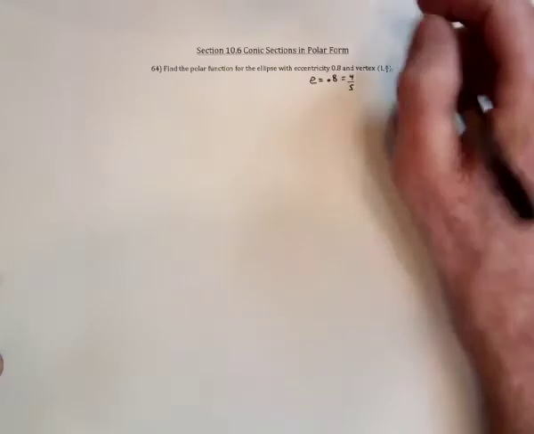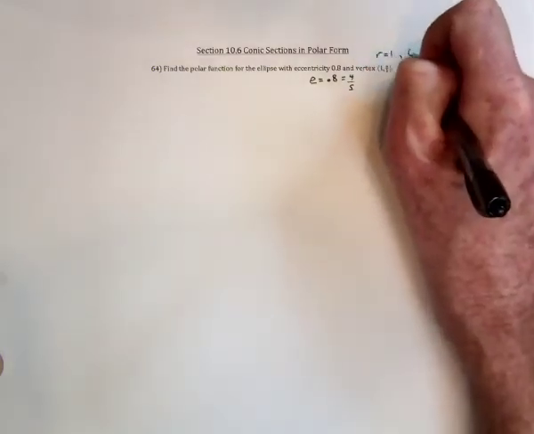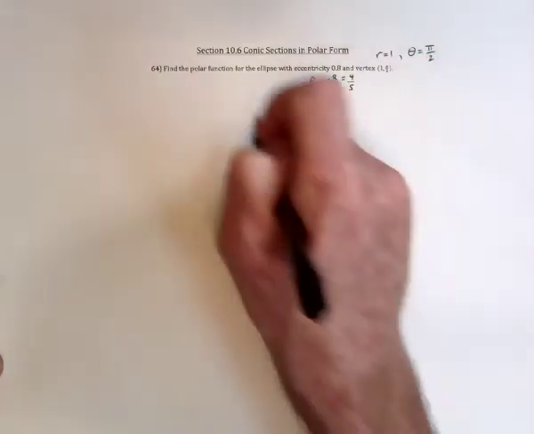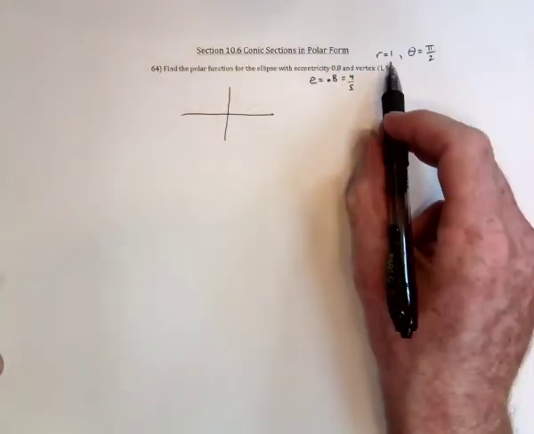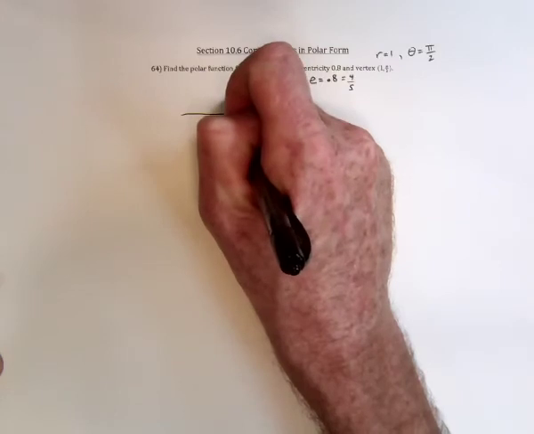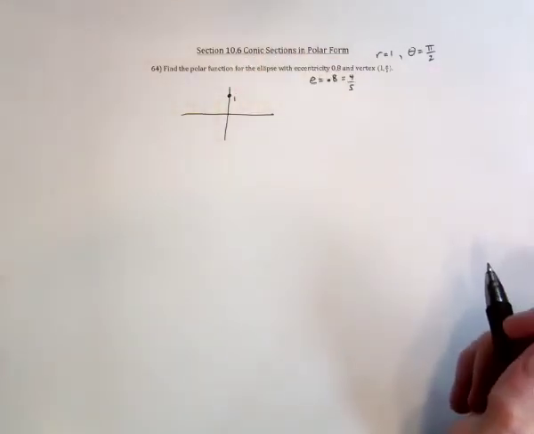So this is saying when r equals 1, theta is equal to pi over 2. That means r equals 1. This is 90 degrees, so if you go up here to 1, that's going to be a vertex.